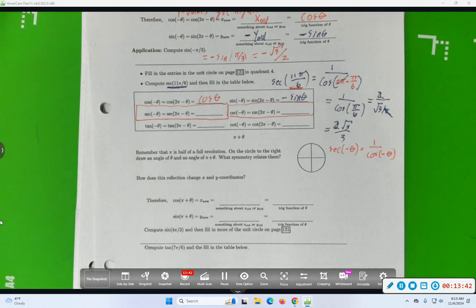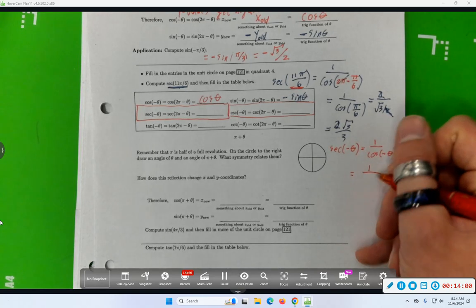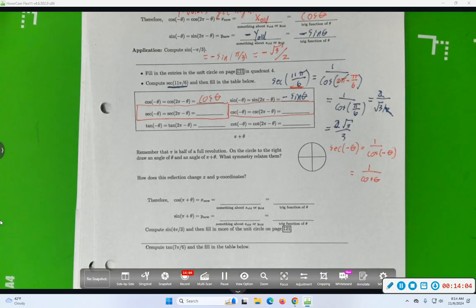So, cool. What can I do with the negative inside of a cosine? What's the cosine of negative theta? Just cosine theta? Oh, cool. So this is just 1 over cosine theta. There's just a theta inside of the parentheses now.